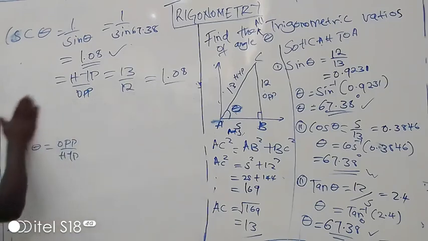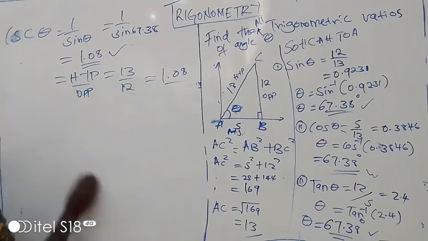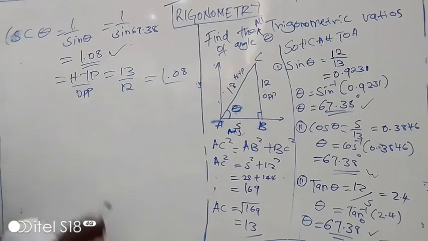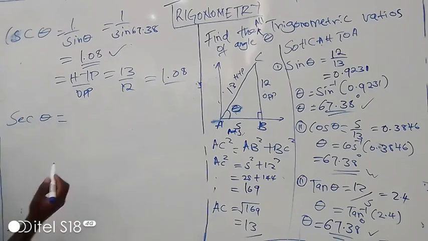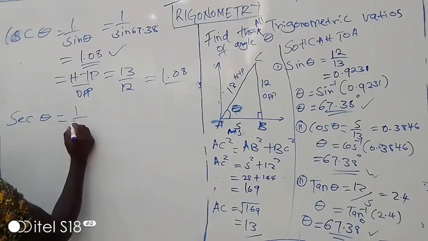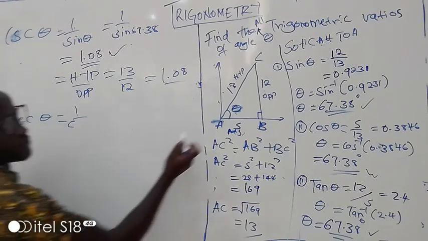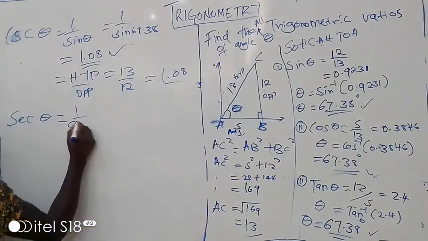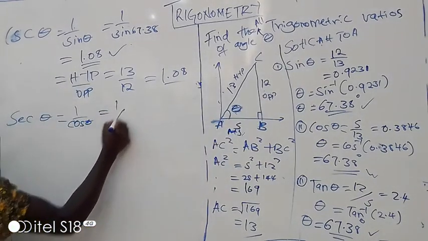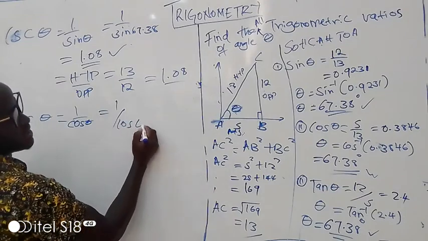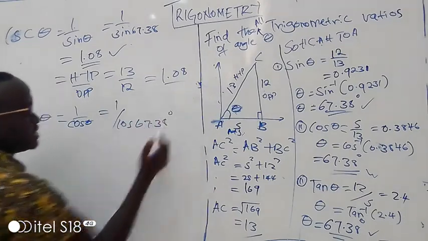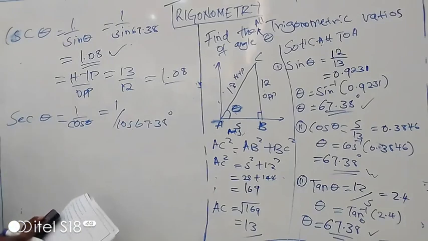Now we need to find the other two, because we need to find sec theta. We had seen that sec theta is 1 over cos theta. It is 1 divided by cos 67.38 degrees. We take cos 67.38, then 1 divided by answer.